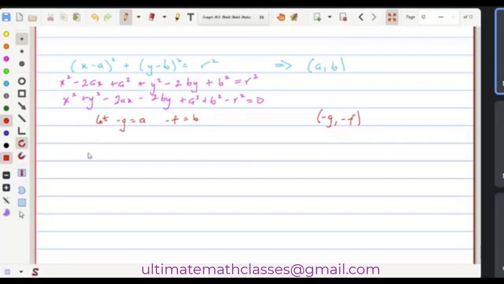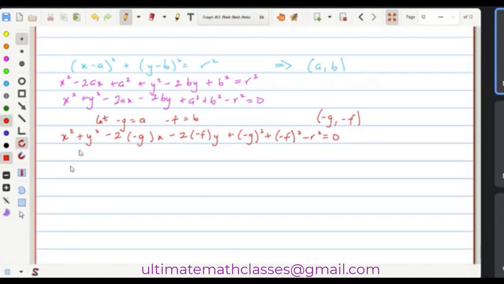This now gives you x squared plus y squared minus 2 times negative g x minus 2 times negative f y plus negative g squared plus negative f squared minus r squared equals 0.